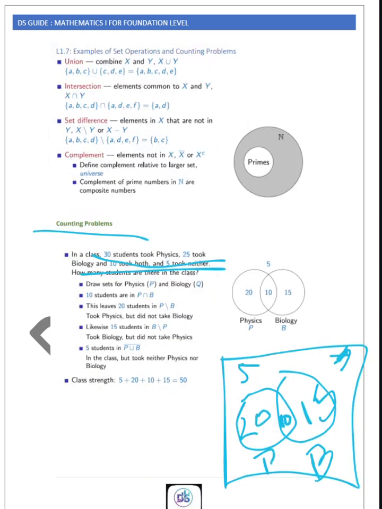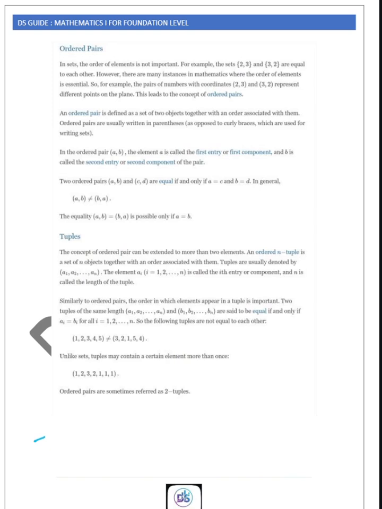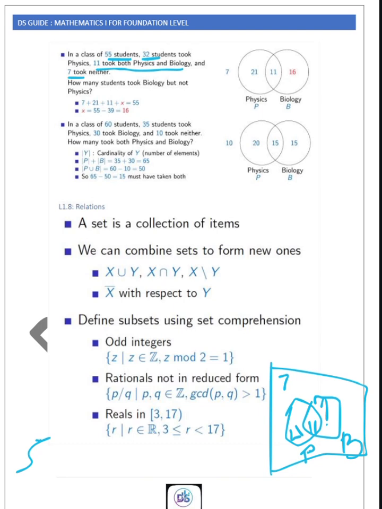So 55 is equal to 21 plus 11, which is 32, plus 7, which is 39. That means 55 minus 39, which is 16. And that means 16 students took biology.